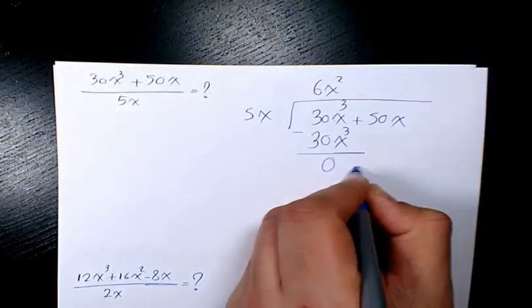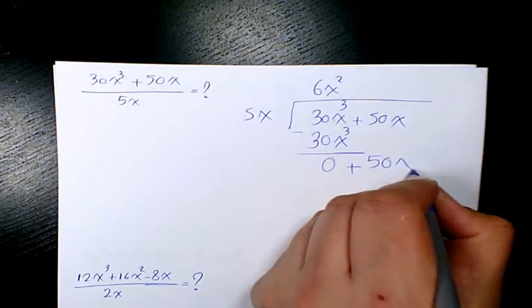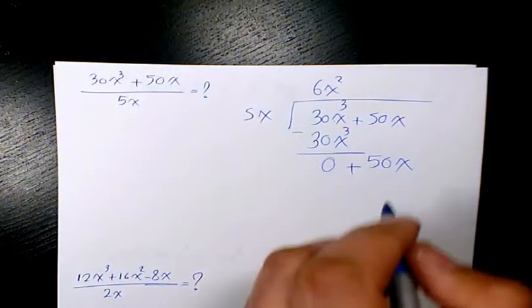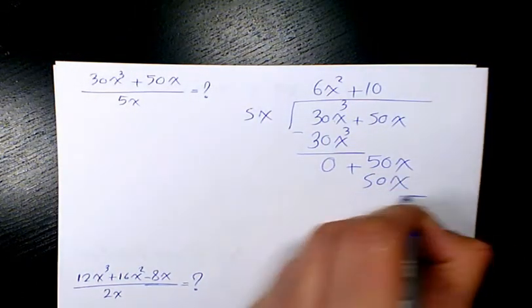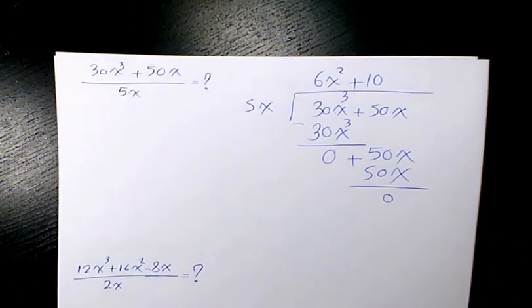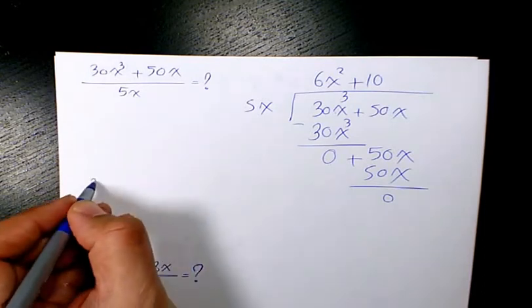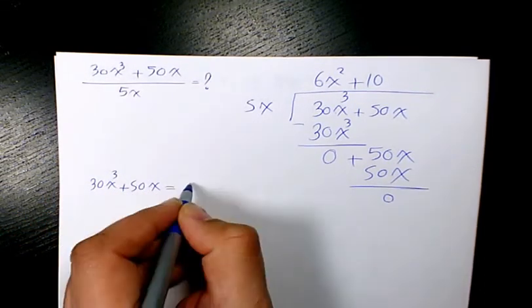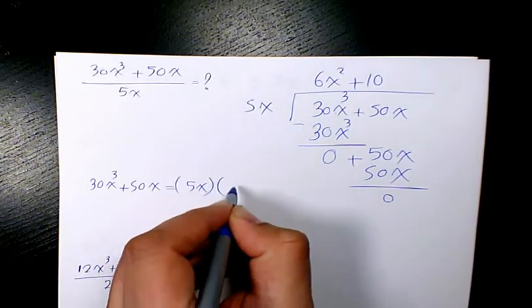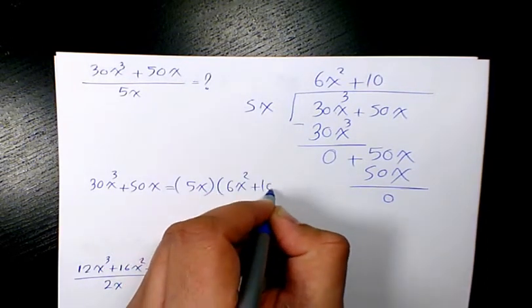Subtract it, it is going to be 0. Then you bring this one down, 50x. 50x divided by 5x is going to be 10. 10 times 5x is going to be 50x. It is going to be 0. So we have 30x cubed plus 50x equals 5x times 6x squared plus 10.